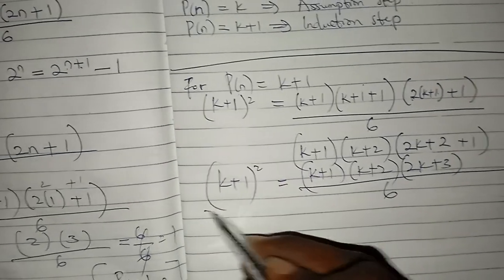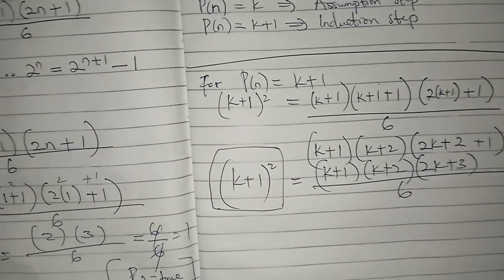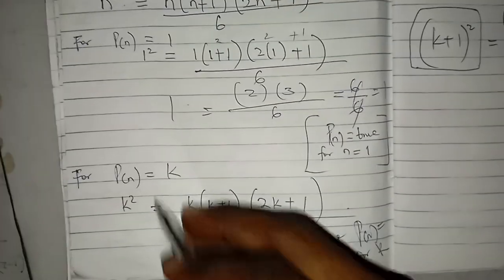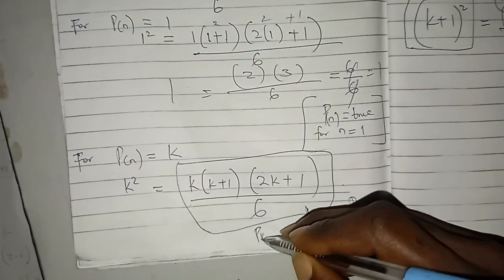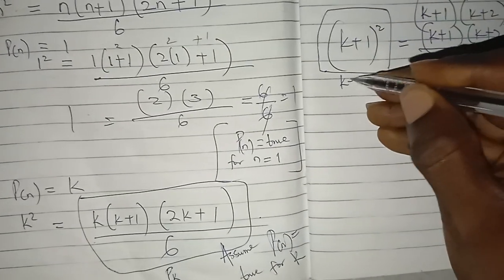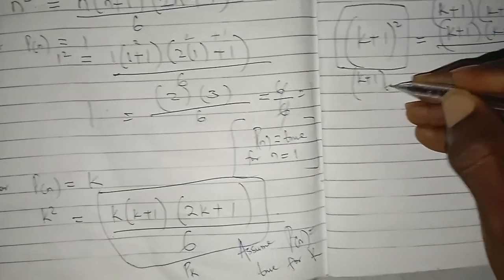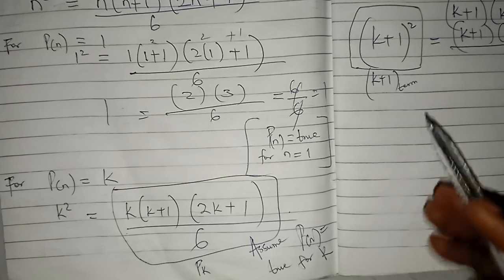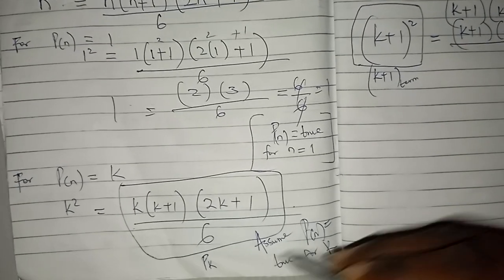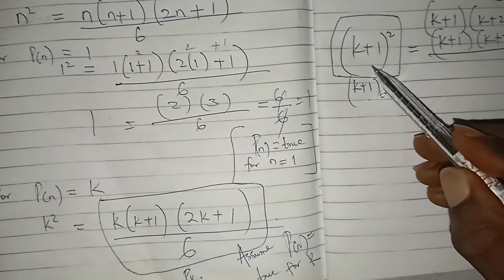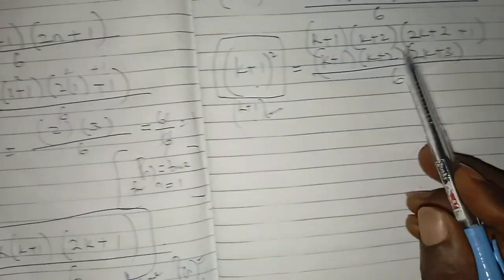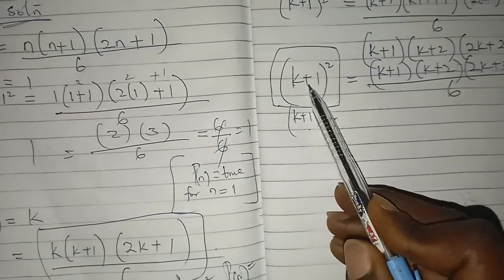So you see this thing that I have here, and this value, this is my P of k, and this is my k plus 1 term. That is the next term. It's just like when I have 3 plus 1. This thing is like 3. This thing is like 1. And it gave me this. That is k plus 1.